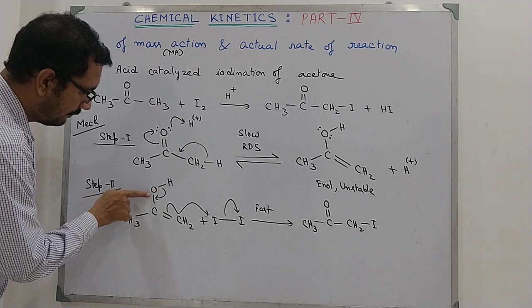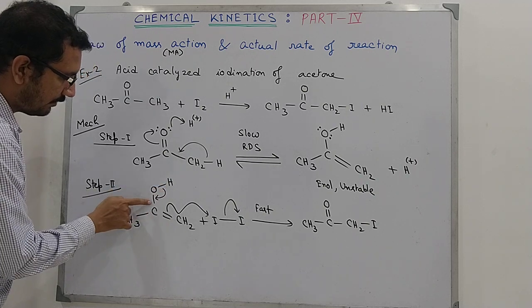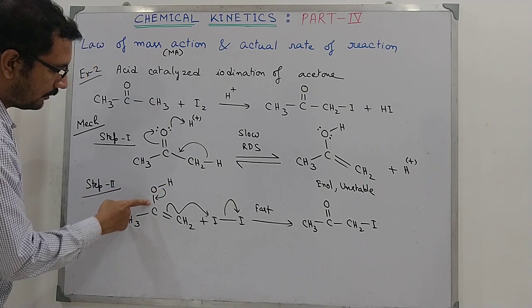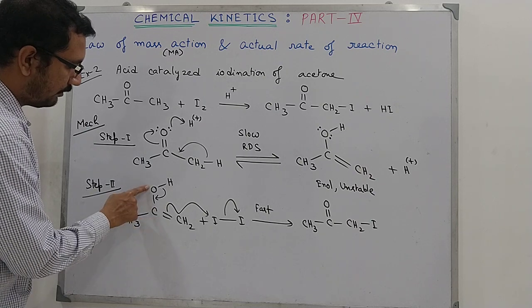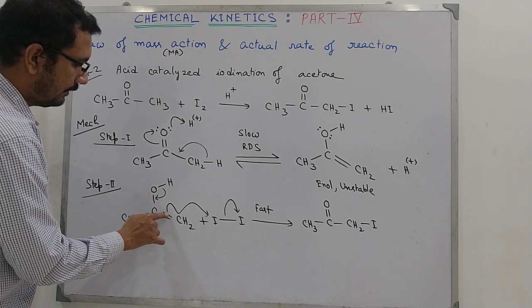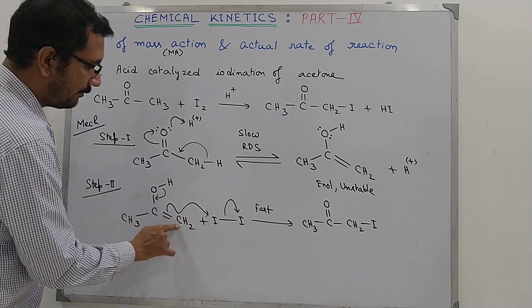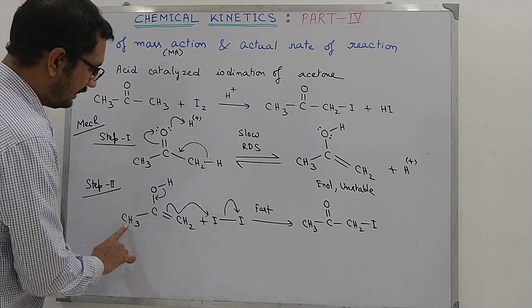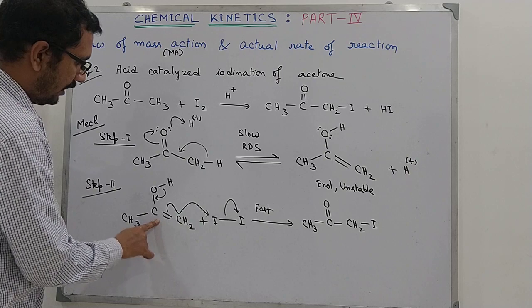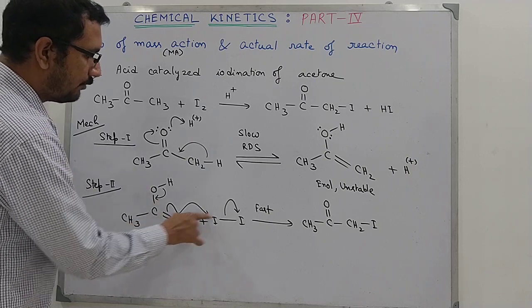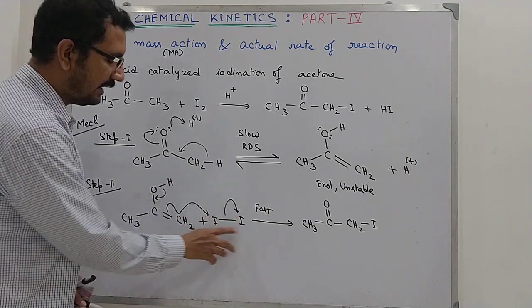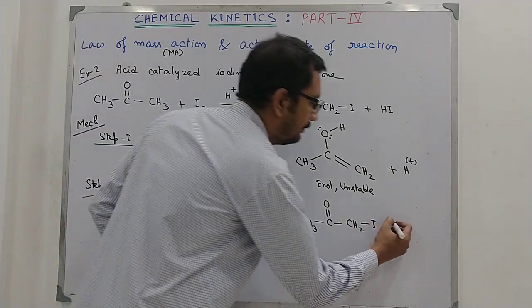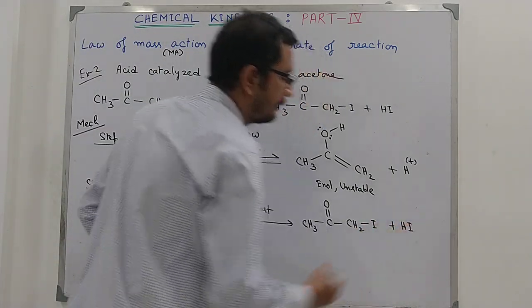Here we have this sigma bond getting converted to double bond. So we have CH3 bond C double bond O, and this pi bond is opening through this carbon and it is attacking this iodine. So we have CH3 bond C double bond O bond CH2 bond I, and this H and this I minus will form HI.